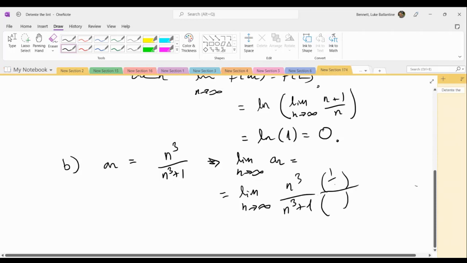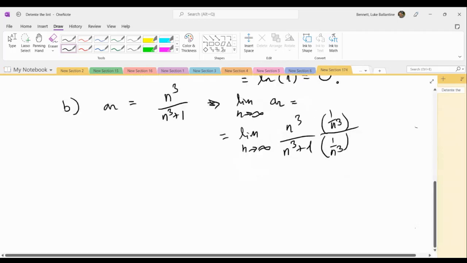We're going to multiply by 1 over n cubed over 1 over n cubed. So this is equal to the limit as n goes to infinity of 1 over 1 plus 1 over n cubed. Well, the limit as n goes to infinity of 1 over n cubed is just 0. So this is 1 over 1 plus 0, which is just 1.